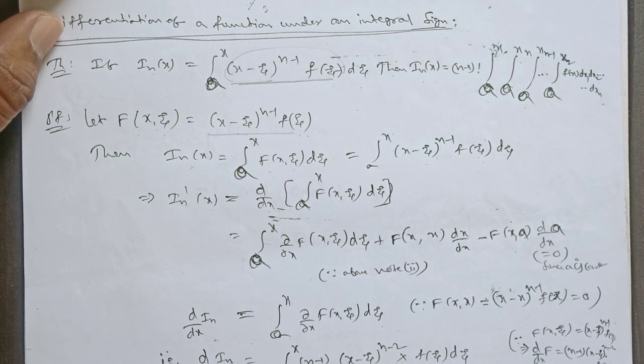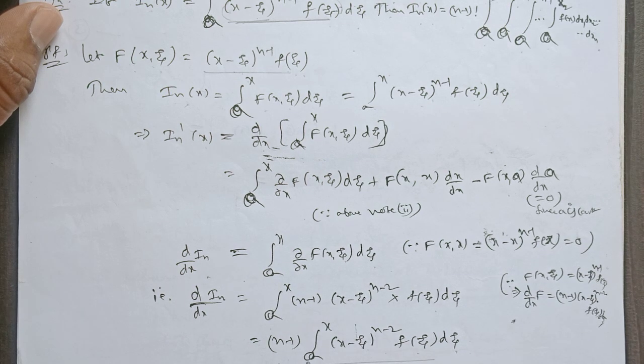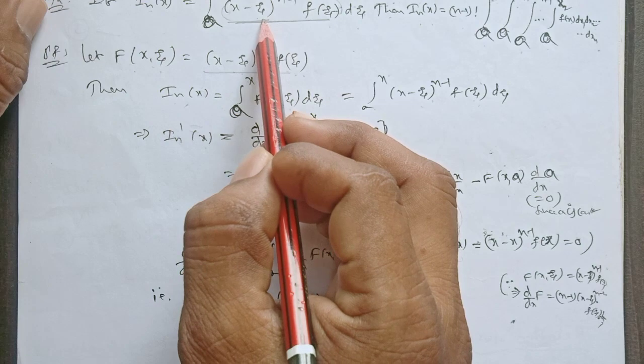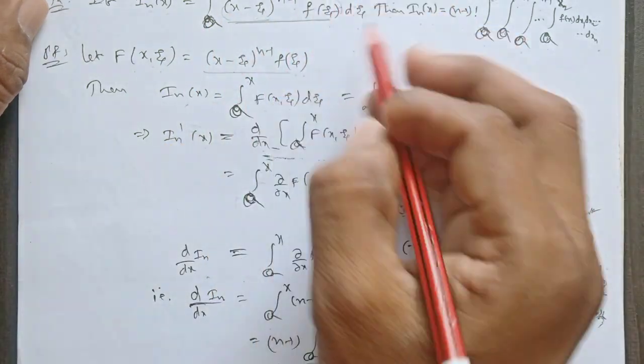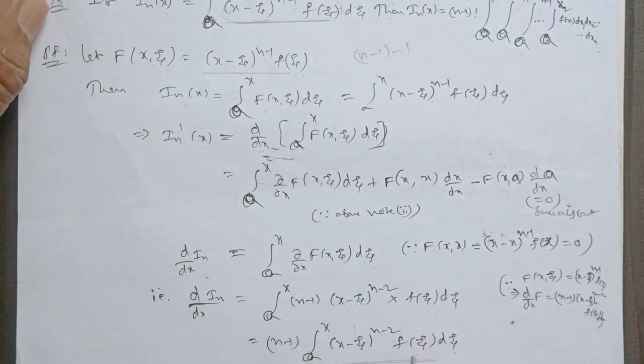Then using integrations, we get dI_n by dx is equal to n minus 1 into I_(n minus 1), since n minus 1 minus 1 means n minus 2, it is denoted by I_(n minus 1), right?